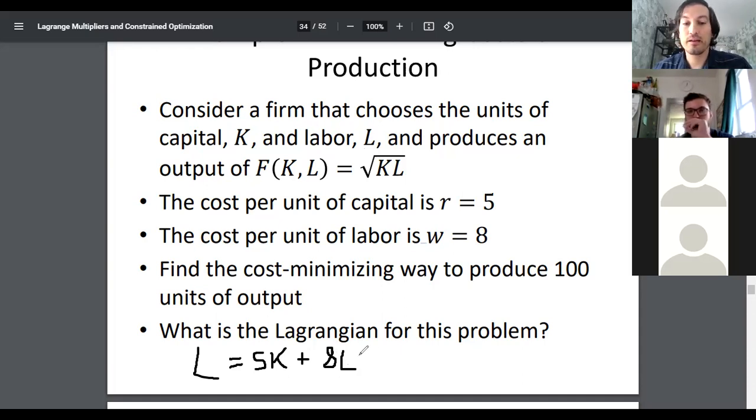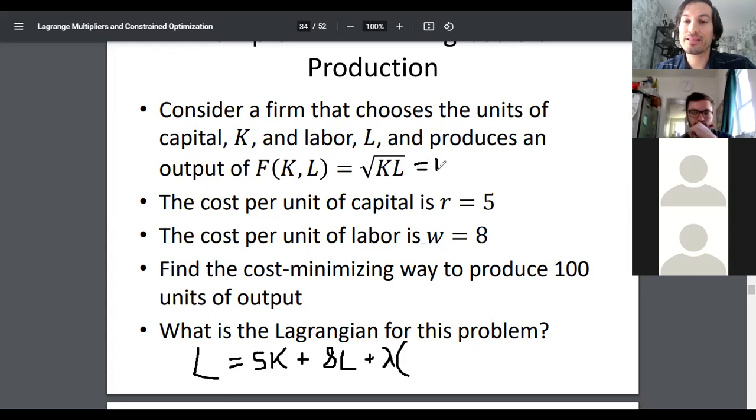Get that? Okay. Now what do I do? I add the Lagrange multiplier, which is the Greek letter lambda. And I multiply that. That's why it's a multiplier. I multiply that by the constraint, which I still like to write as the right-hand side minus the left-hand side. There really is no right or left-hand side here, but here's the constraint, isn't it?